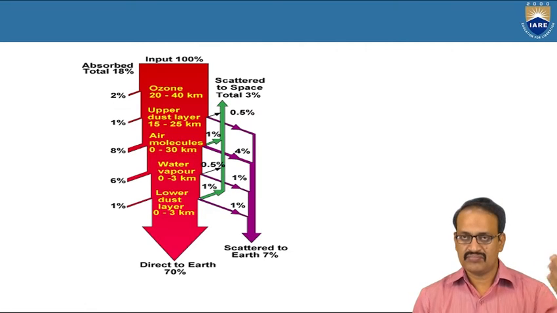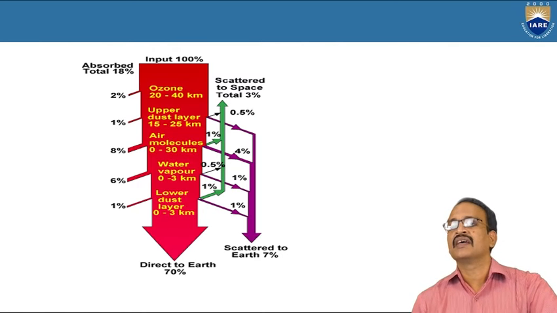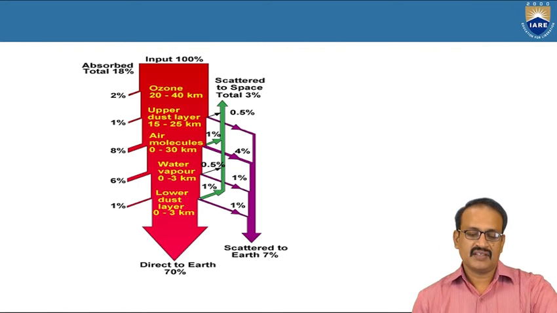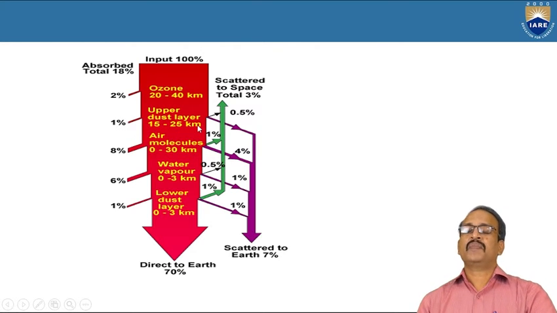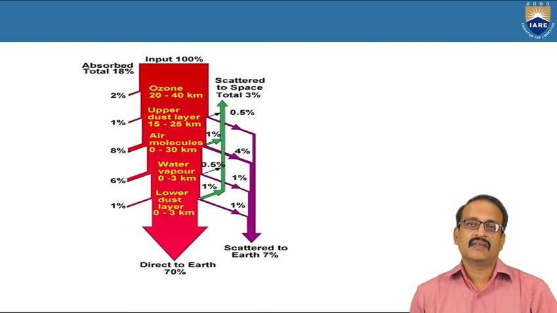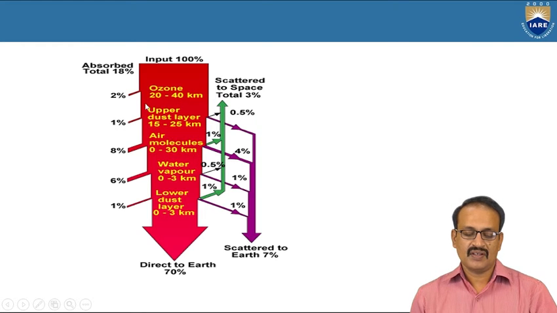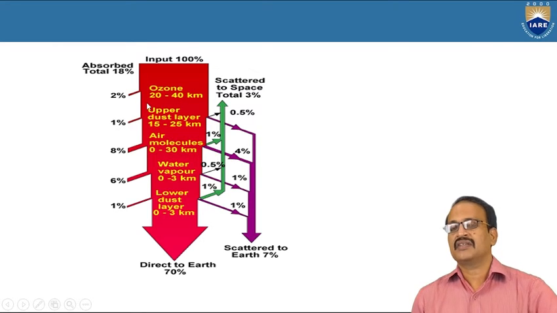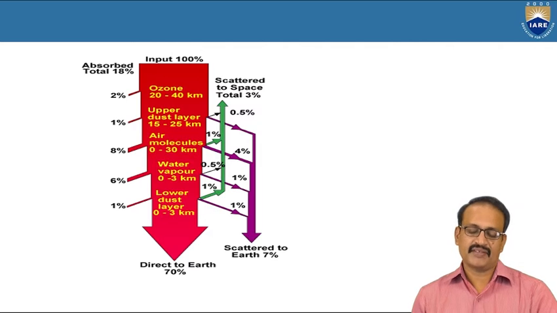We had told in our previous slides that 19% is totally absorbed by the atmosphere, in that 2% by the ozone, and 1% by the upper dust layer. So there will be an upper dust layer on the atmosphere, from 15 to 25 kilometers. So it absorbs 1%.